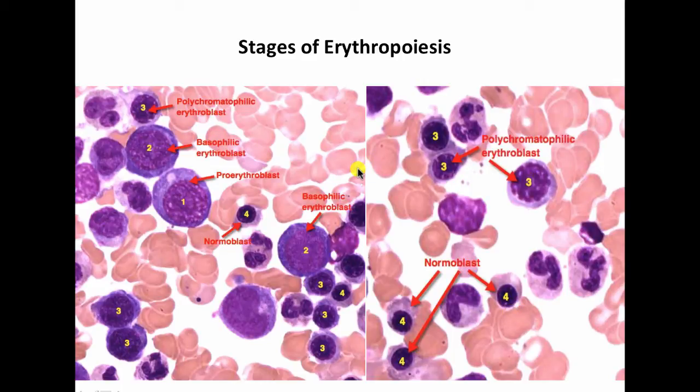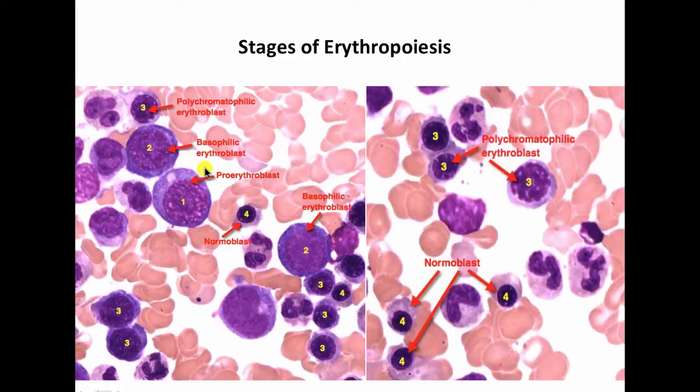In looking for these stages of erythrocyte development, I find it easiest to look around until I find the basophilic erythroblast. This is fairly easy to see with this large speckled nucleus, perhaps shown a little better here, very intense basophilic cytoplasm, and then look around until you find something that looks fairly similar but has a lighter, a less basophilic cytoplasm, and that will be the first visible stage of this lineage, the proerythroblast.